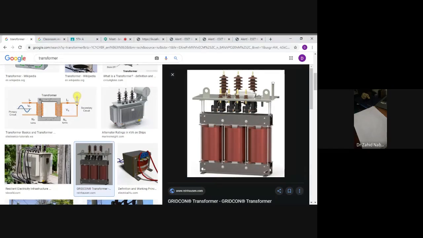So basically your width is from here to here 1W, and here to here 1W.